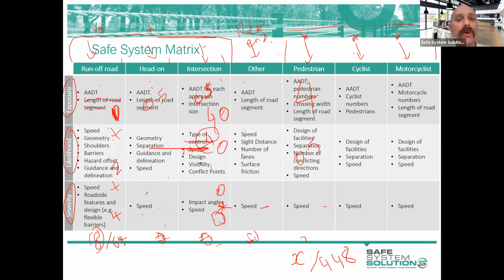And your likelihood in this case could still be like a 4 if you've decided there's lots of chance of crash for some reason. Now, I dare say, hopefully, if you've got an area that's heavily pedestrianised like this, you wouldn't have a 4 there because the speeds would ideally be low. But from a pure numbers perspective, it's a really great question.